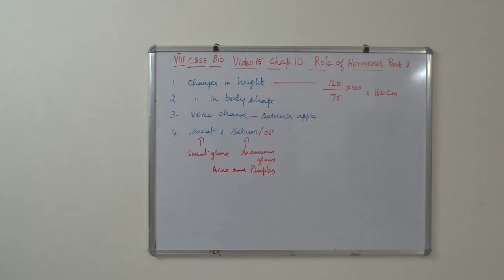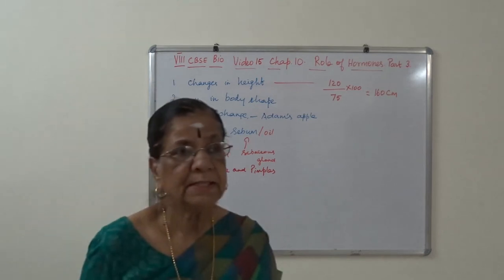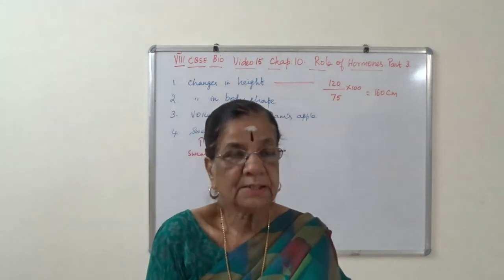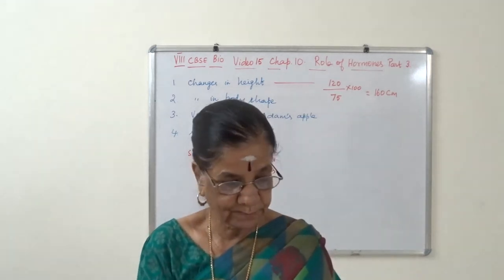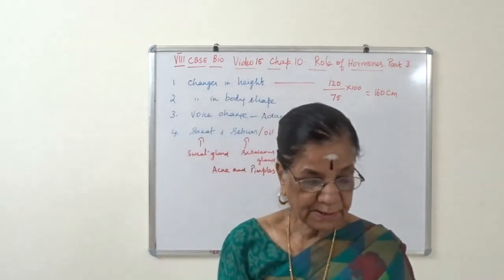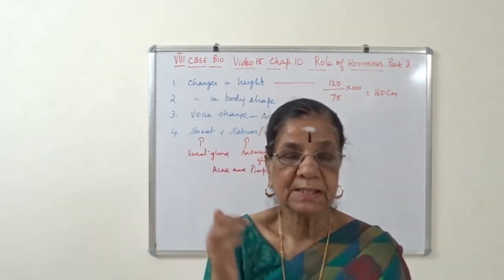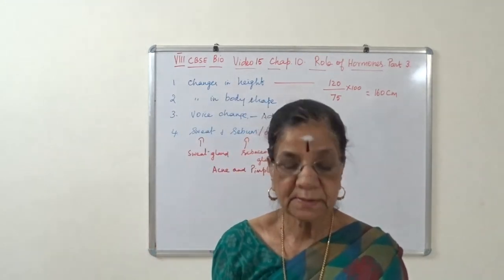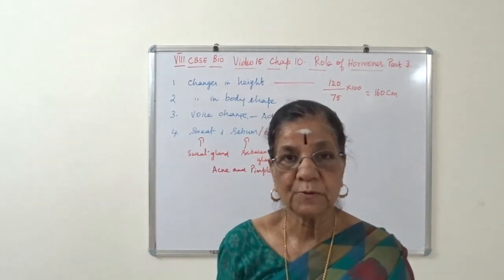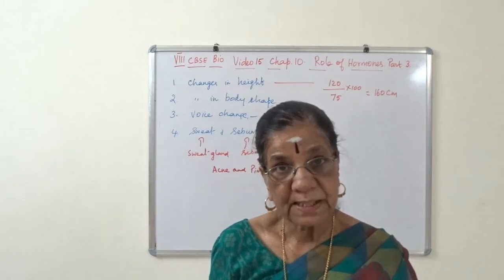There is an intellectual development and adolescents start thinking on their own so that they can be independent from their parents. They can be independent from their parents by the time they reach adulthood. You can be independent from your parents.